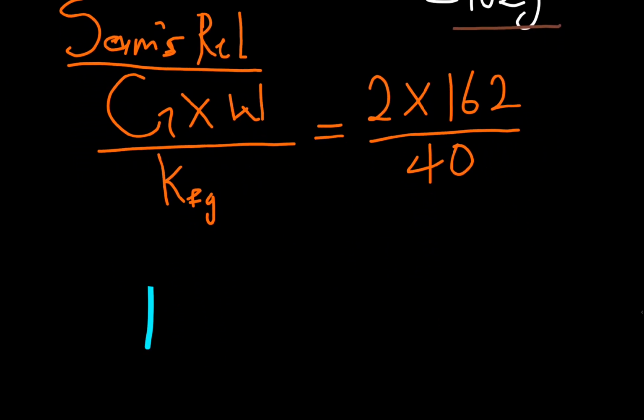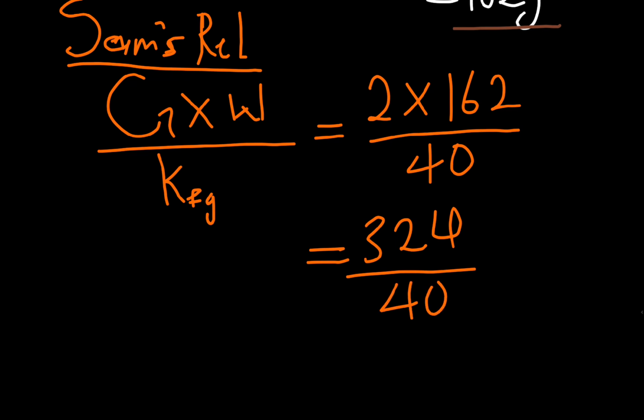And now, it becomes a mathematical problem. So I'm going to punch my calculator. 2 times 162 gives 324, so it becomes 324 over 40, and the final answer will be 8.1, and this time around it is 8.1 grams.